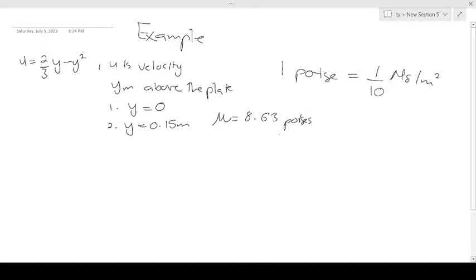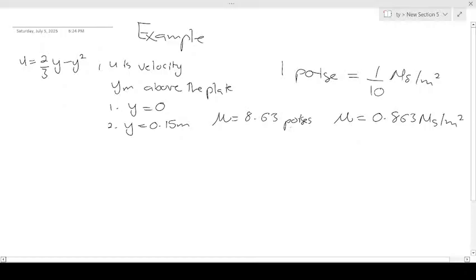So that means if you are converting it into the normal unit, you are going to divide whatever value you are given in poises by 10. So that means our new dynamic viscosity is going to be 0.863 Newton second per meter squared.